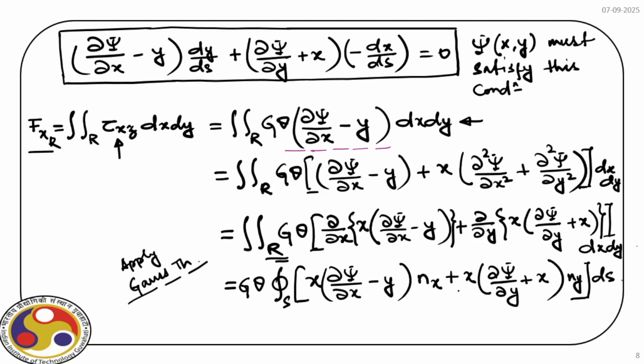So what we can do, we can take this x common because that is the common component.